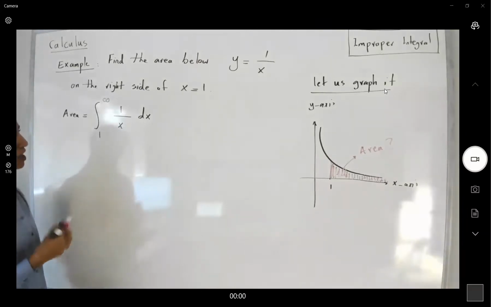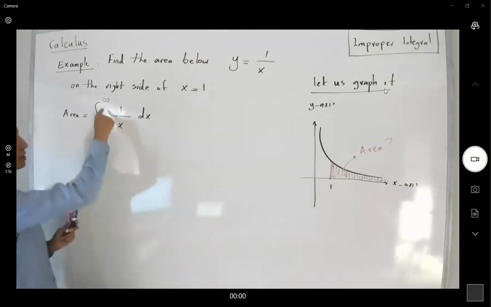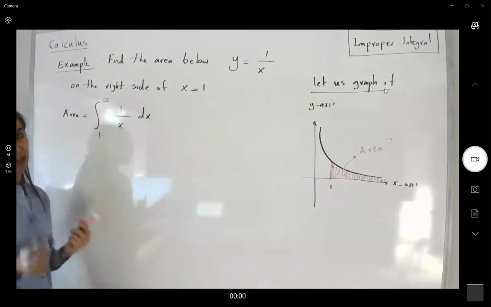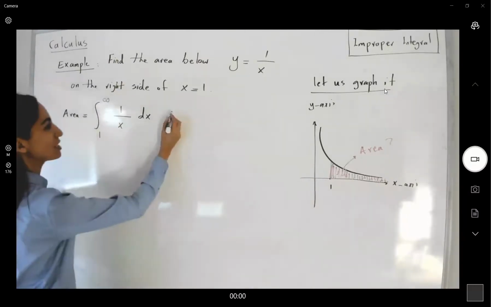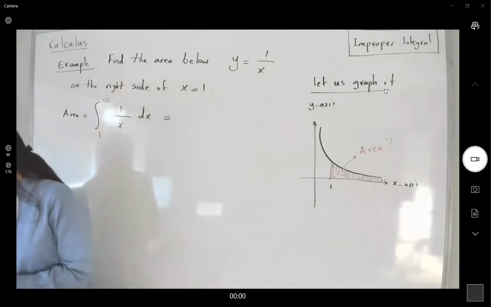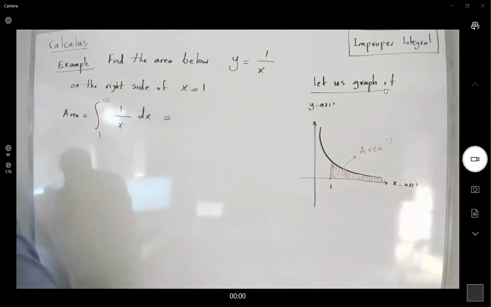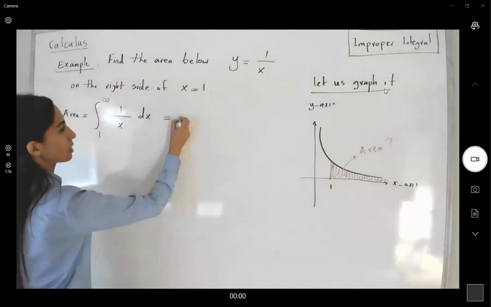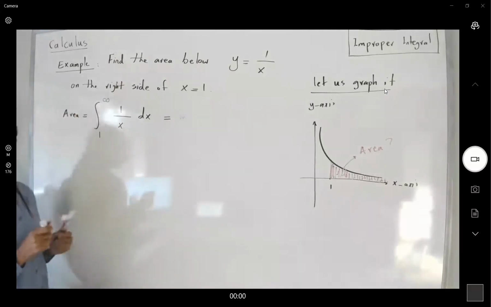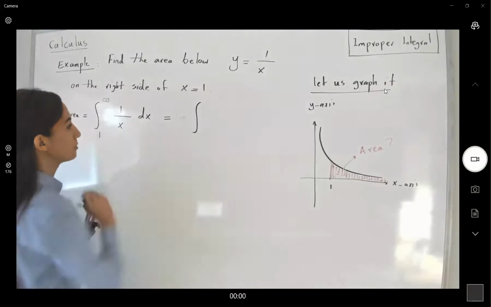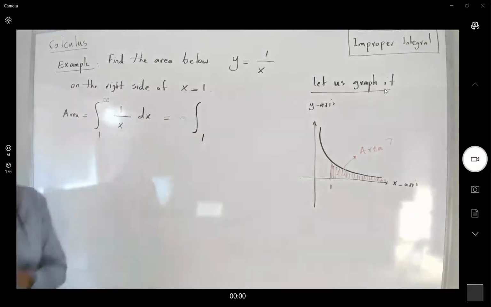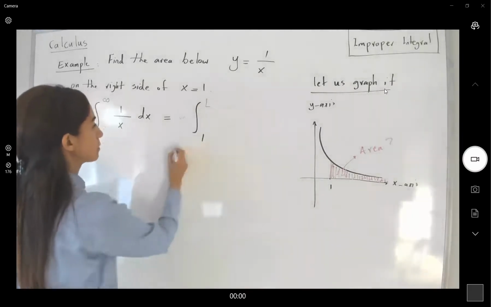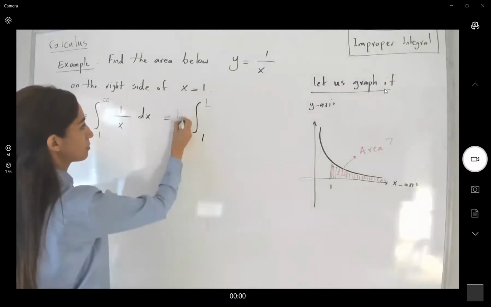Well, let's apply the methods that we learned. First of all, since one of these boundaries goes to infinity, we're going to use the limit concept. So this is equal to the limit of the integral from 1 to L, as L or T goes to infinity.